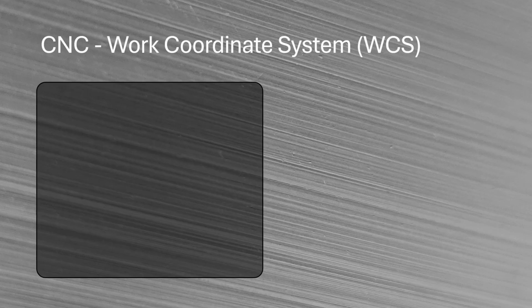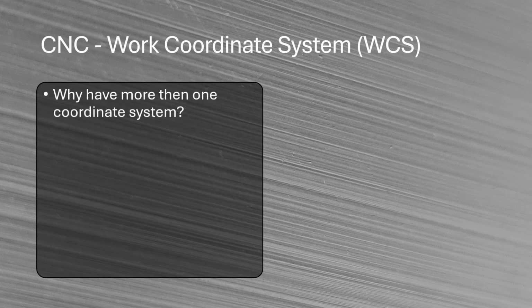So next is the CNC Work Coordinate System, often abbreviated as WCS. So I sort of ask this question, why have more than one coordinate system? Because I think it would be very easy to think, okay, the machine has this coordinate system, why would we need more than one?